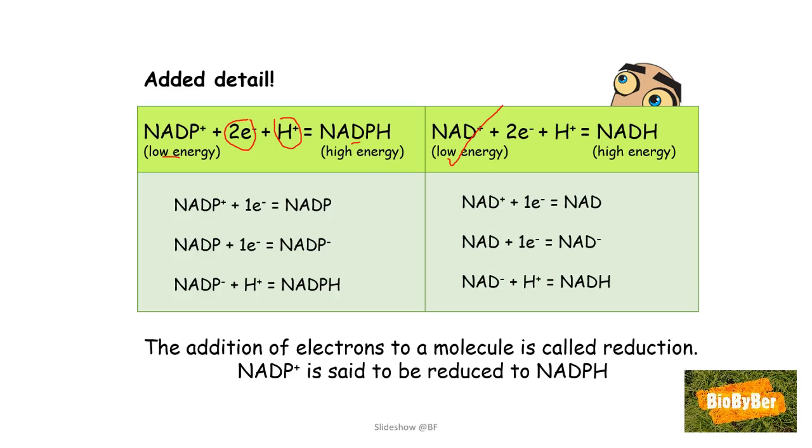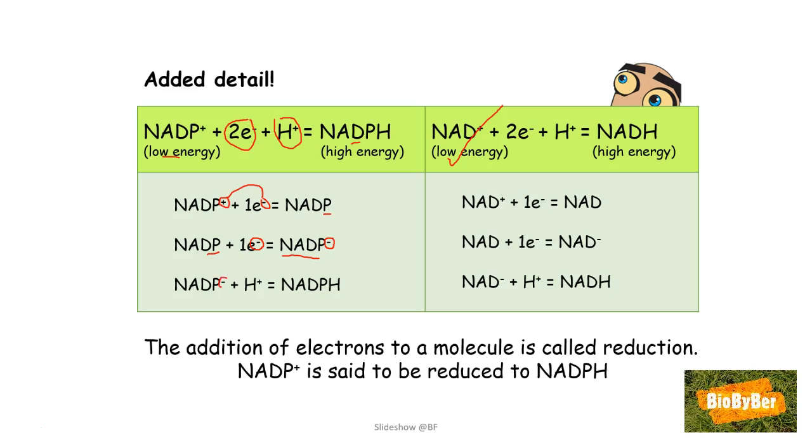Now, taking this step by step, we can see how it works out. NADP+ has a positive charge. When it picks up 1 electron that has a negative charge, a positive and a negative cancel each other out, and we create a molecule called NADP, which is neutral. This neutral NADP picks up 1 electron, another one, the second one, which has a negative charge, and then it will become NADP- with a charge.